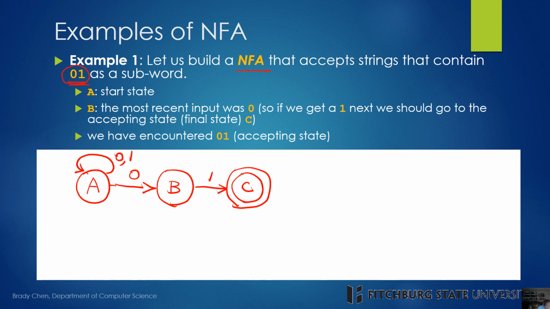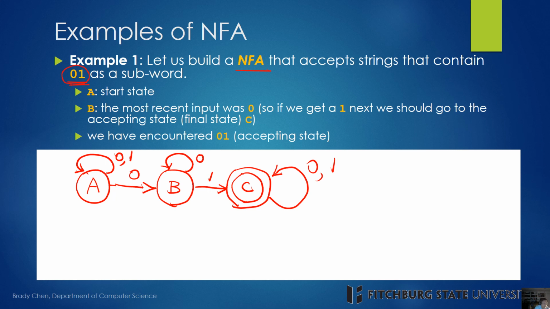Now if the current state is B and the input is 0, then we can let the machine stay in B. Now if it's in C, once we reach the accepting state, it's just the same as the deterministic finite automaton.